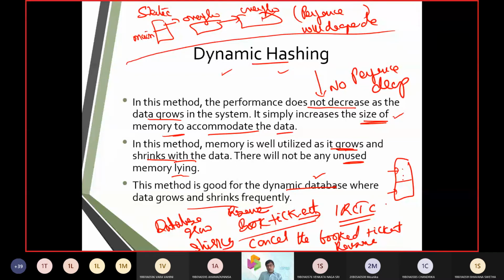In railway reservation, we use a website, and website transactions happen for booking train tickets. If somebody does not travel, they will cancel their ticket. So at one point of time the database was enlarging, and at another point it was shrinking. Those are the scenarios where dynamic hashing is going to accommodate.